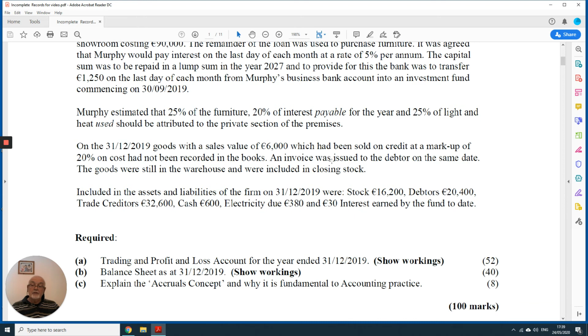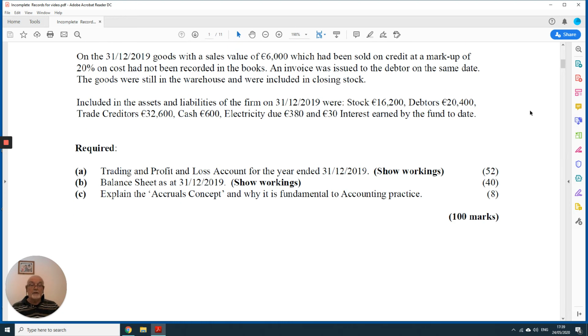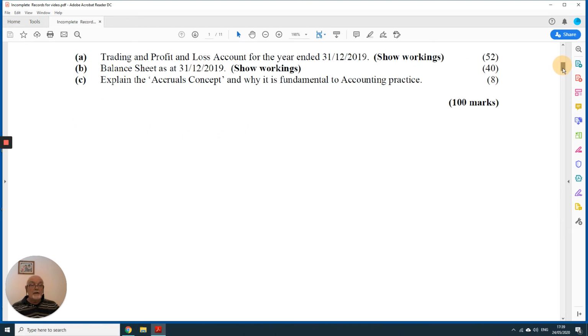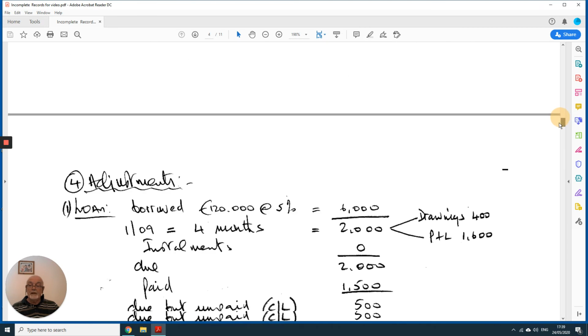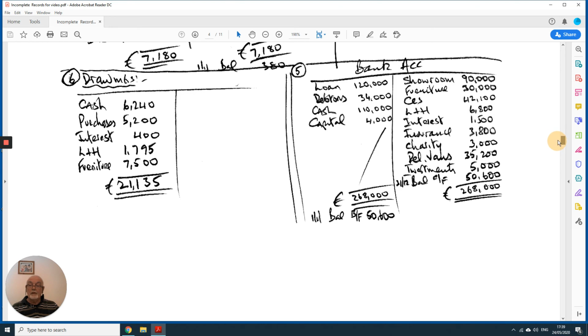And down at the end of the question, at the assets and liabilities at the end of the year, we're told that there's an unpaid electricity bill for 380. Electricity due 380. So we'll incorporate that information now again in step 4 for a light and heat account.